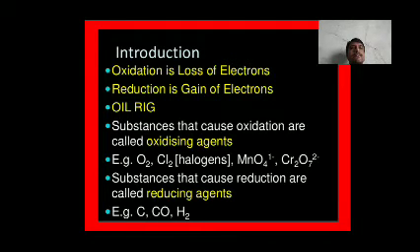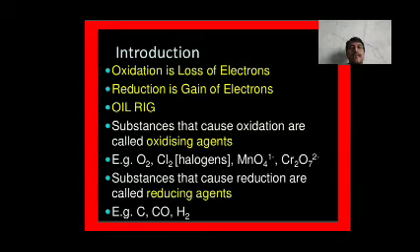Substances that cause oxidation are called oxidizing agents, for example O2, Cl2, MnO4 minus, Cr2O7 2 minus. Substances that cause reduction are called reducing agents, for example carbon, carbon monoxide, hydrogen.